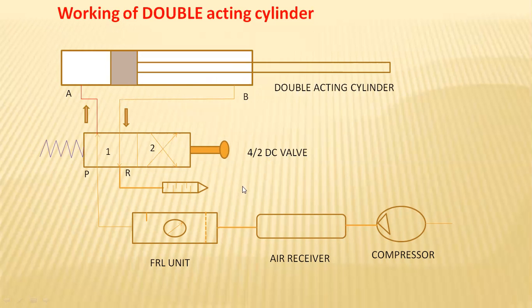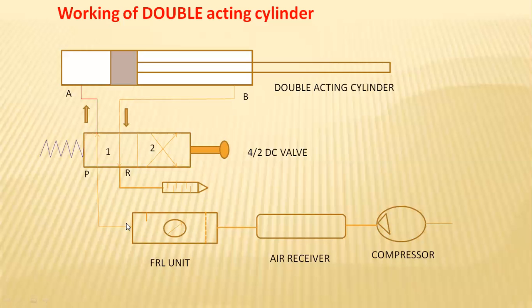At this position, the compressor compresses the air taken from the atmosphere, the air receiver receives the compressed air at the set pressure, and it enters the FRL unit.